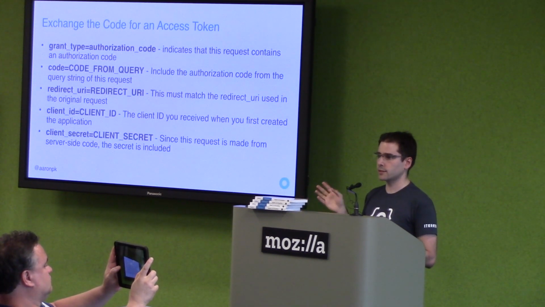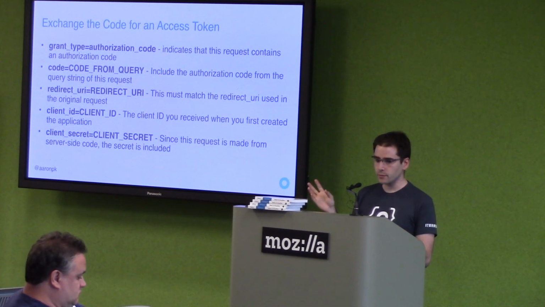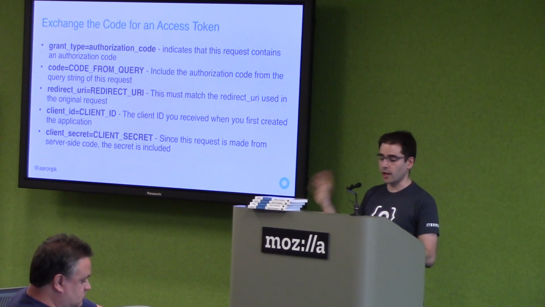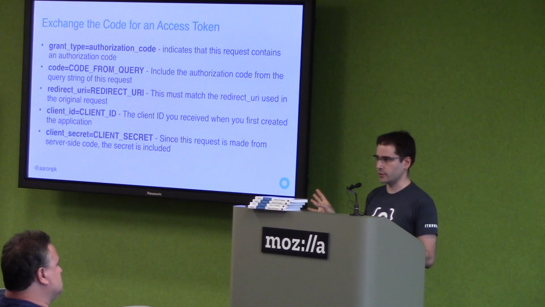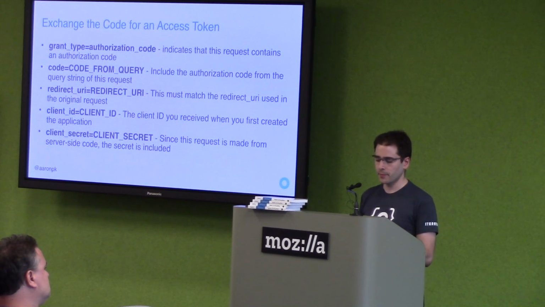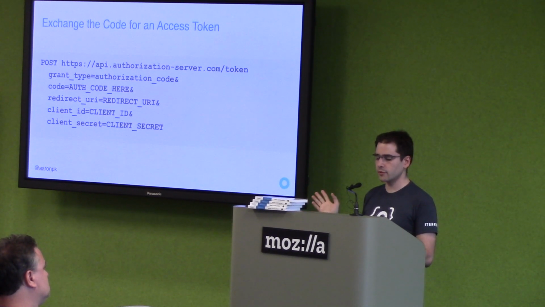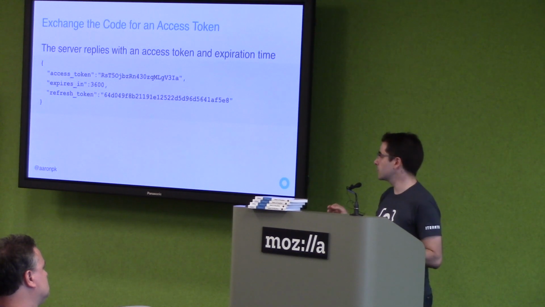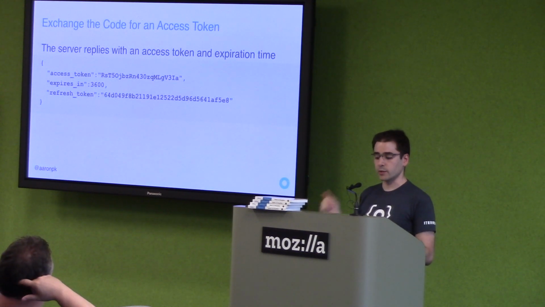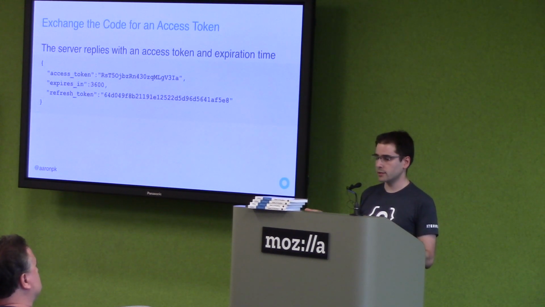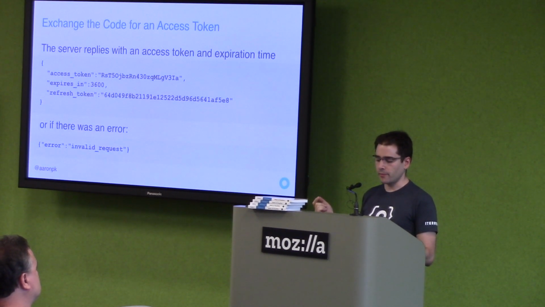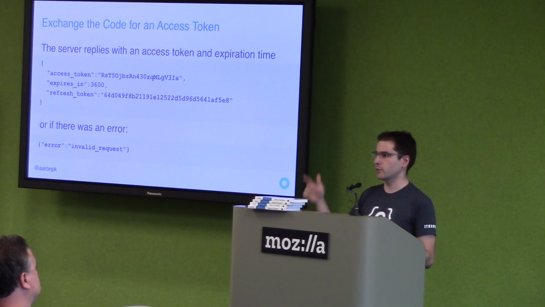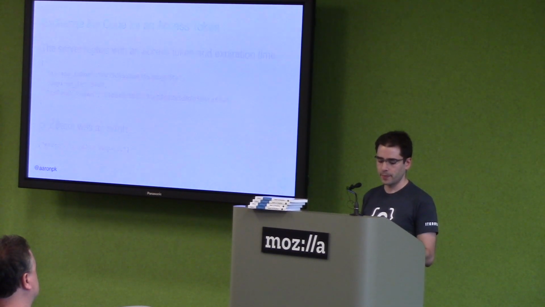And this is because this is the code running on the web server, which is not, the source code of this is not accessible to the user, so it has a secret that it can use for this. It makes the post request to the server, and the response is an access token, as well as the expiration time of the access token and a refresh token. Or if there was a problem with the request, like if it was missing a parameter or if it took too long and the code expired, it'll get back an error.